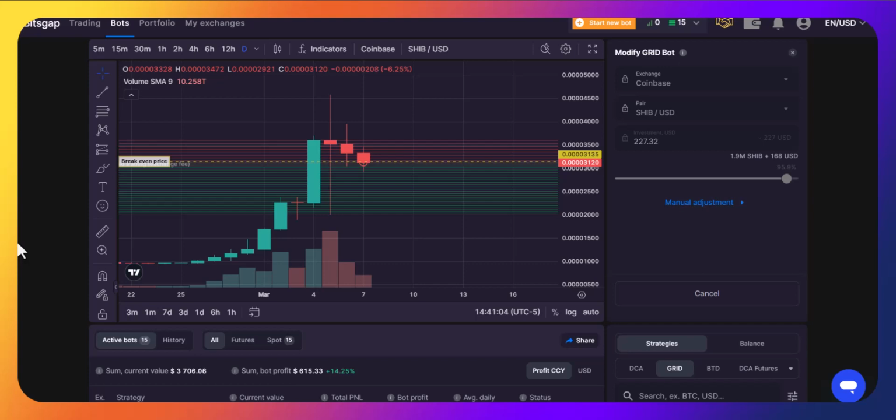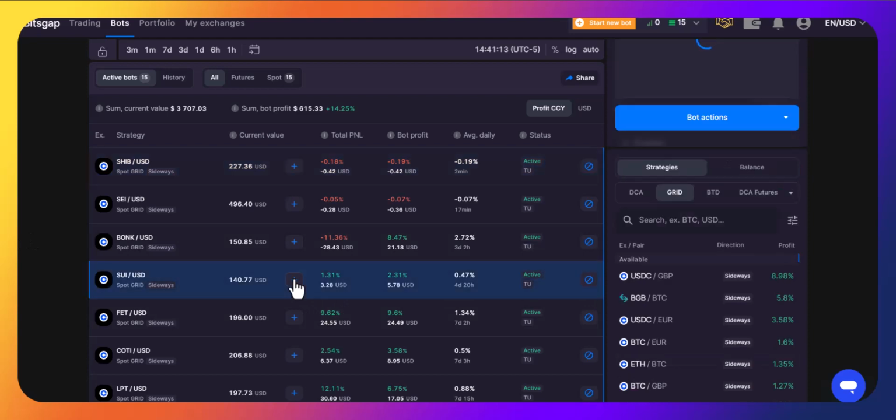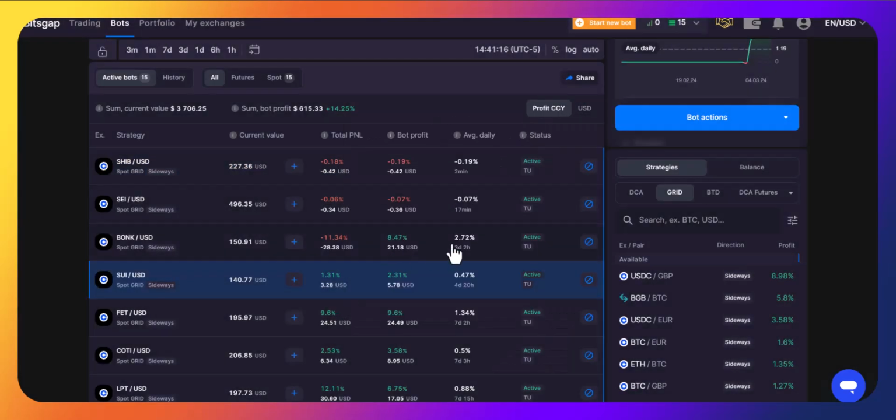That allows me to either A, add more to a bot, so add more cash flow to a bot where you can just click the plus button and then add more funds to a bot potentially. And as you're earning, you can just feed it and compound on your own.